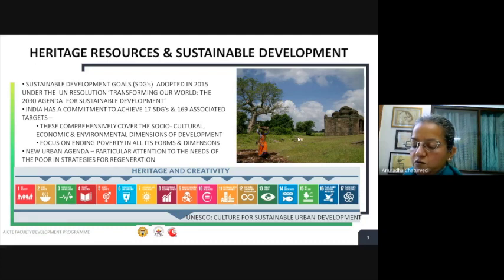The 15th to life on land. The 16th on peace, justice, and strong institutions. And the 17th, which is linked with partnership for achieving the Sustainable Development Goals. All of these Sustainable Development Goals are linked with heritage resource management.